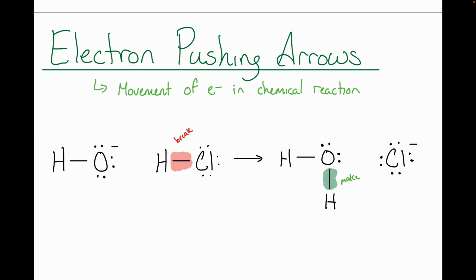Cool. Now I want you to pay special attention to the lone pairs. All right, where do we have lone pairs on our reactant side that we don't on our product side? Likewise, where do we have lone pairs on our product side and they're missing on our reactant side? Who's got one?